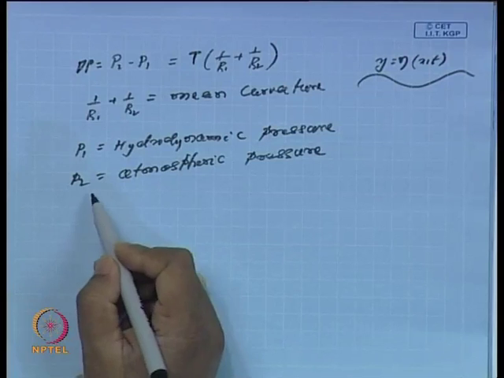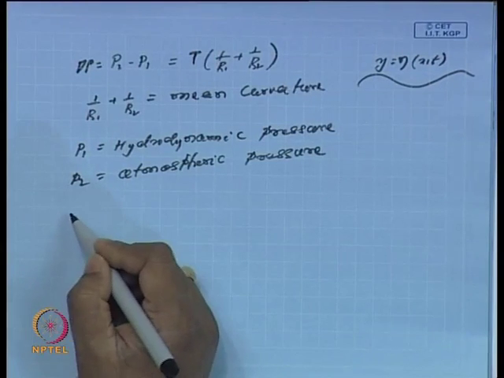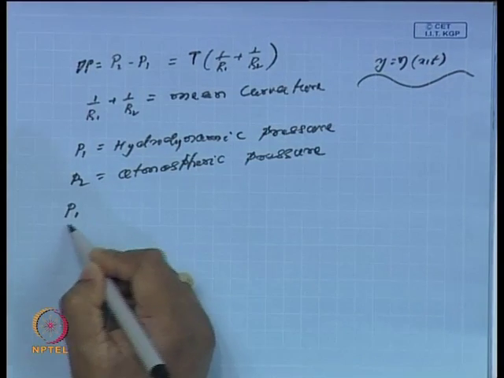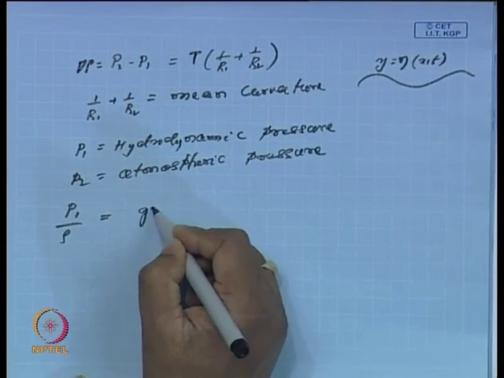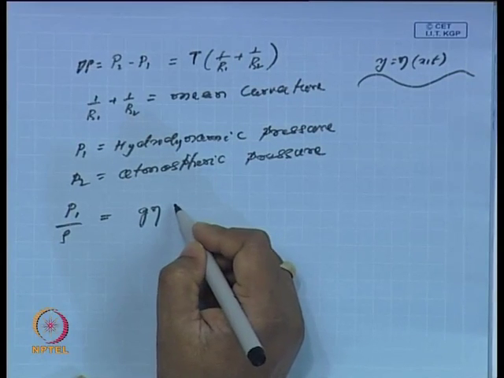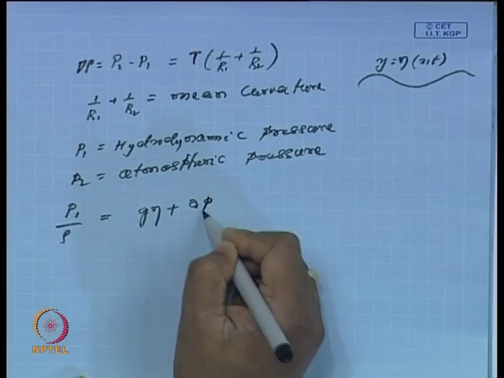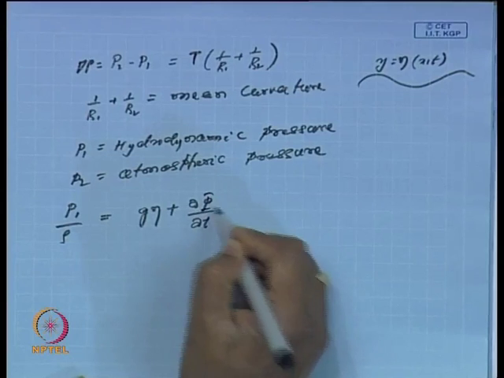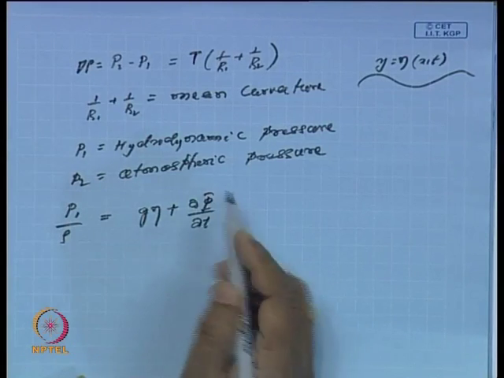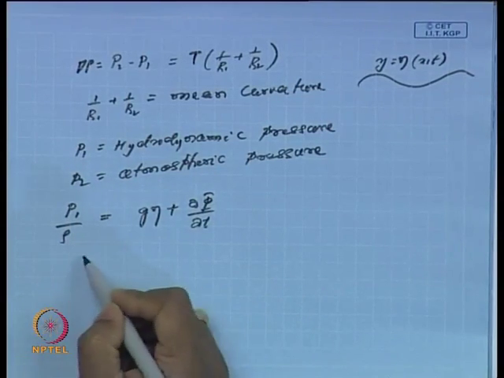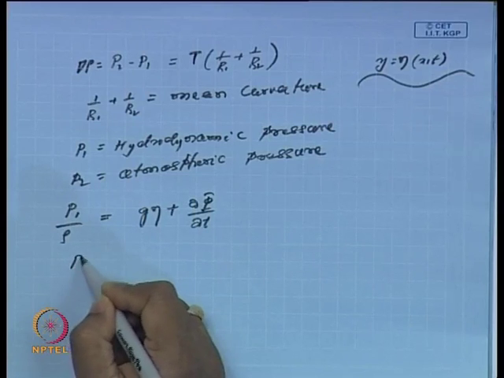So P1 is the hydrodynamic pressure, so P1 by rho is equal to g eta plus del phi by del t. But what will happen to P2?